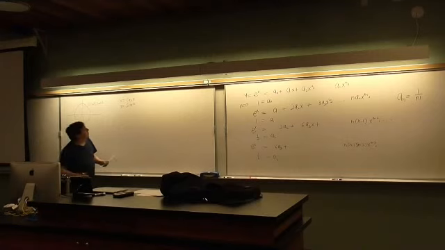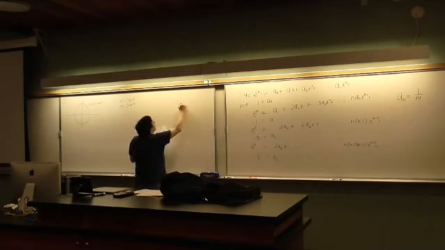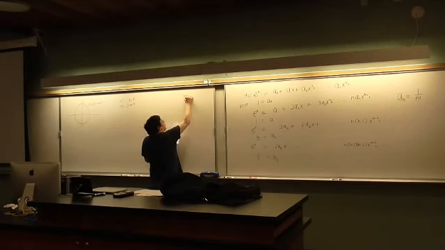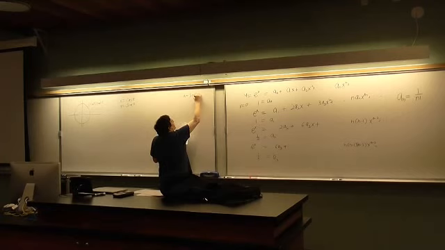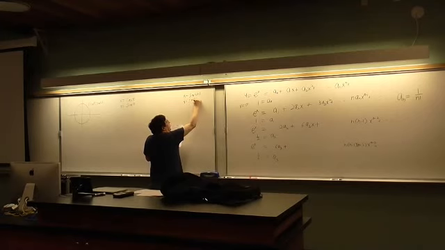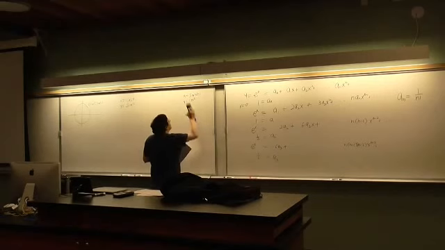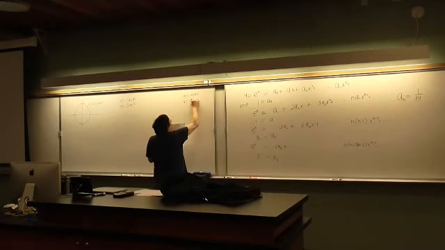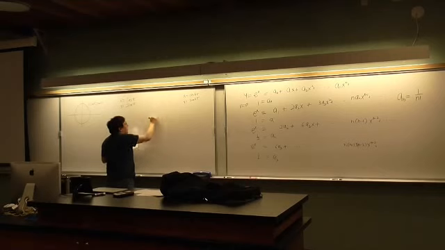What happens if we instead take the parametric equations x equals hyperbolic cosine of t, y equals hyperbolic sine of t? What happens if I graph this?